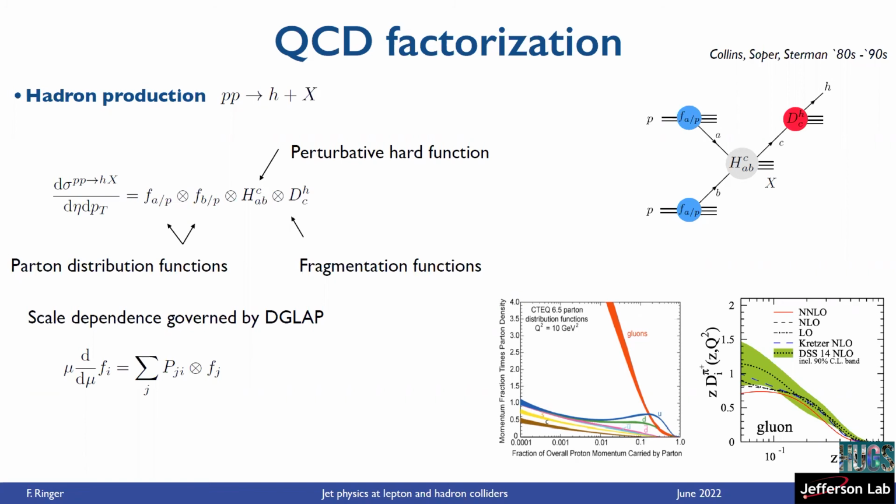Have you seen that before? Does it make sense? I see some people nodding. Otherwise, that's the starting point for jet physics as well, so we should make sure that it's understandable.